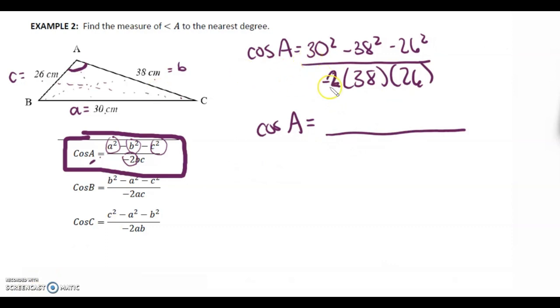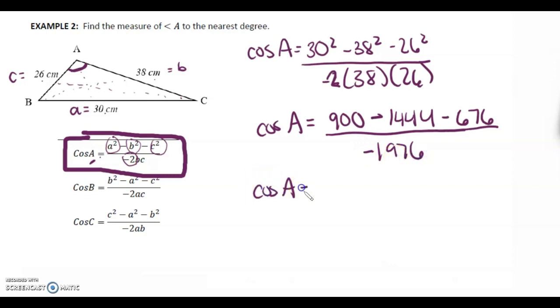So 30 squared is 900, minus 38 squared is 1444, minus 26 squared is 676. And the denominator, we do negative 2 times 38 times 26, and we get negative 1976. Okay, so for the numerator, 900 minus 1444 minus 676 is going to give us negative 1220.